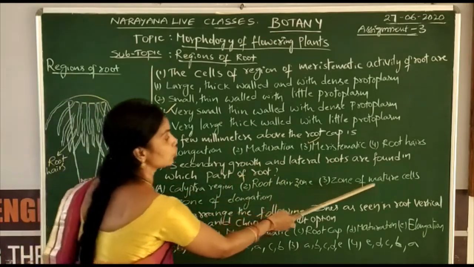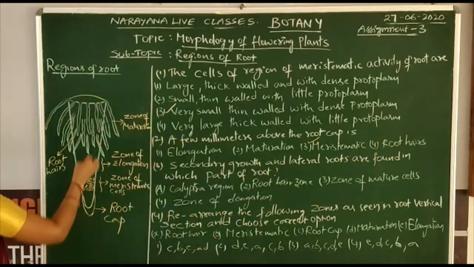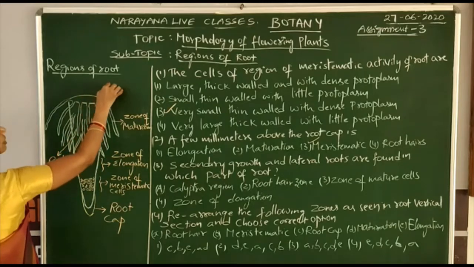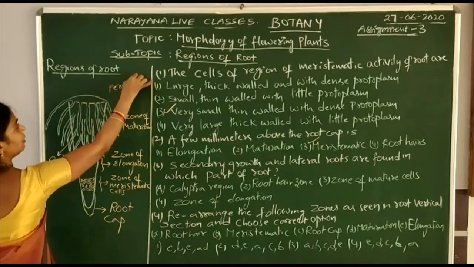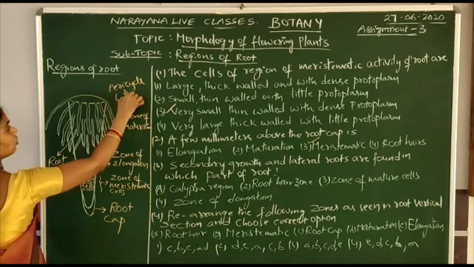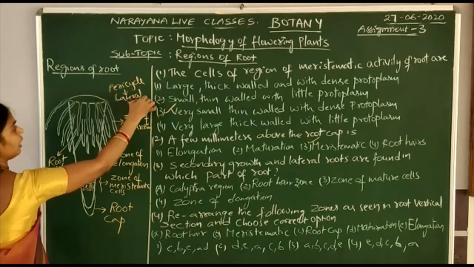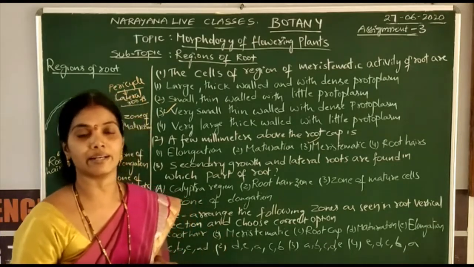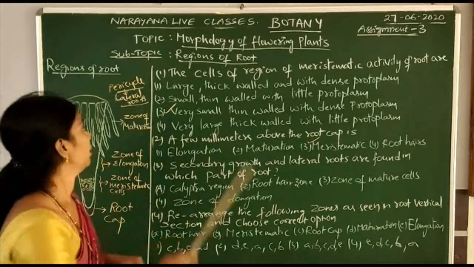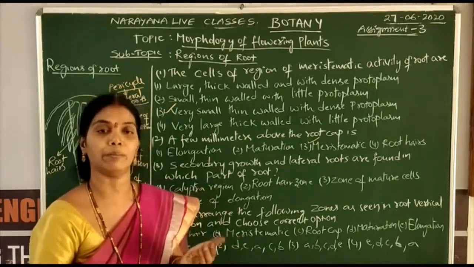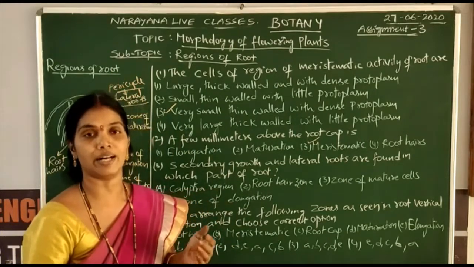Then third, zone of mature cells. Here it is the zone of mature cells, where you can see the pericycle. And the pericycle forms the lateral roots. And children, in the anatomy unit you will study about secondary growth. In roots, this pericycle helps in the formation of cambium, a structure which you will study in anatomy.